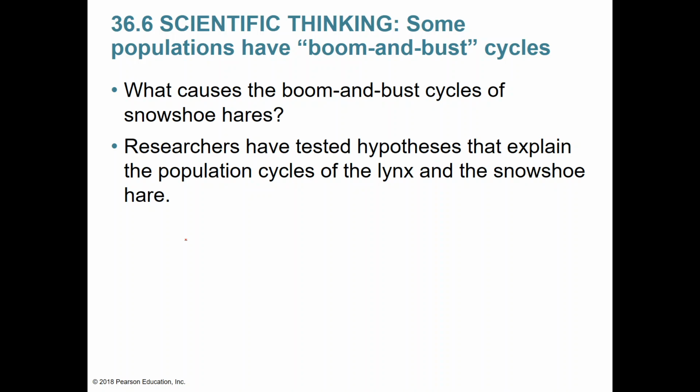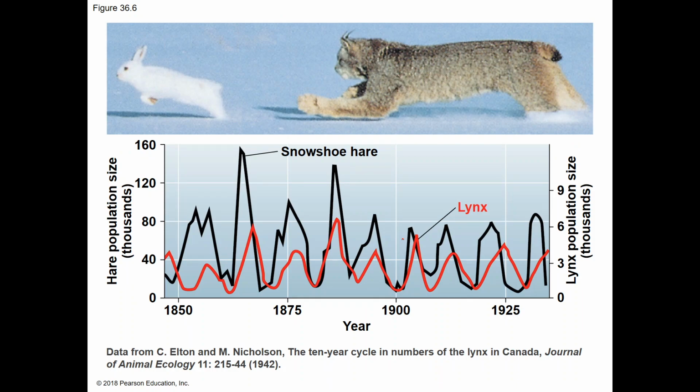There were a couple of different hypotheses trying to explain the life cycle of this hare, and they actually ended up connecting it to another species, a lynx, that was living along with this animal.